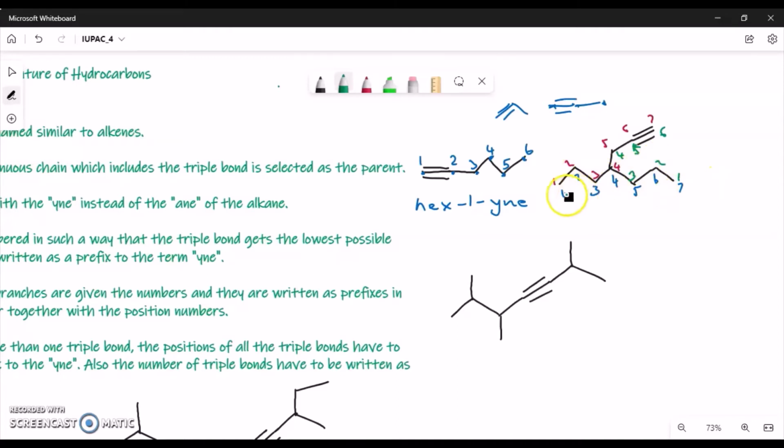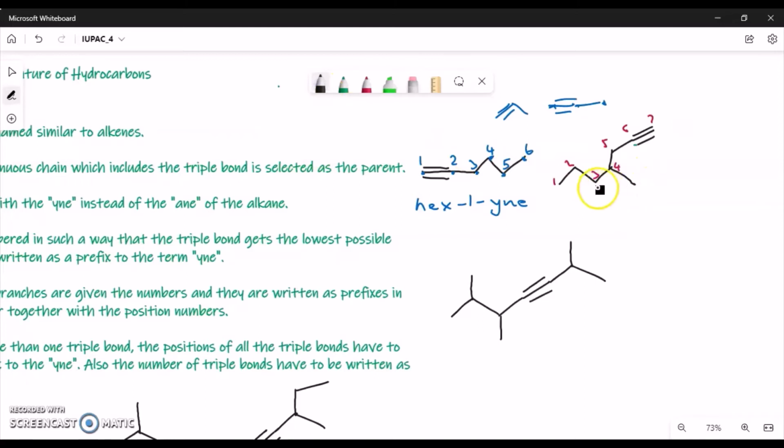Therefore, the correct one is the red chain, where the red numbers are given. So this is not the longest chain because it does not have the triple bond in it. And this is not the longest chain because it is only 6 carbons long.